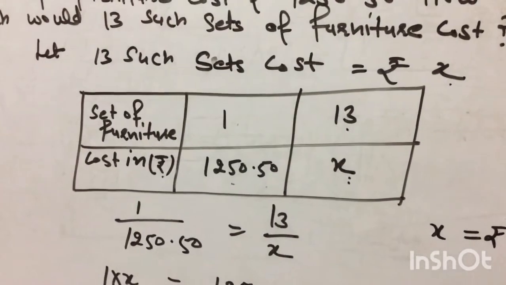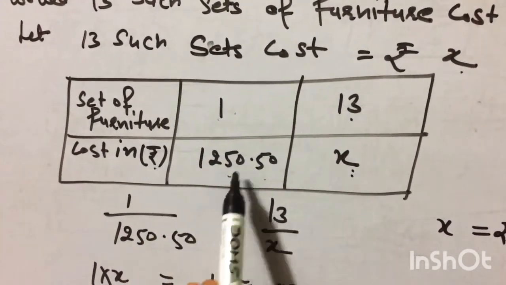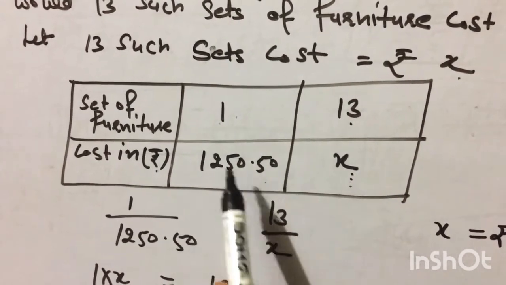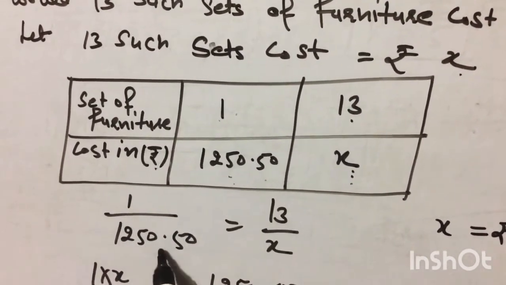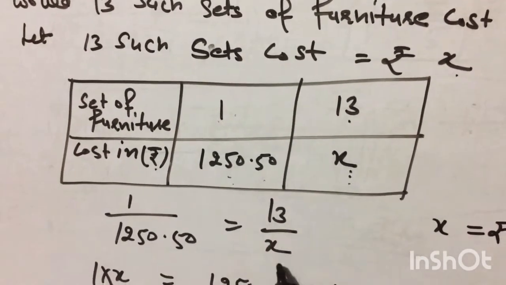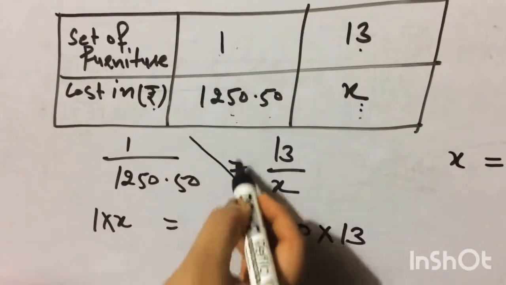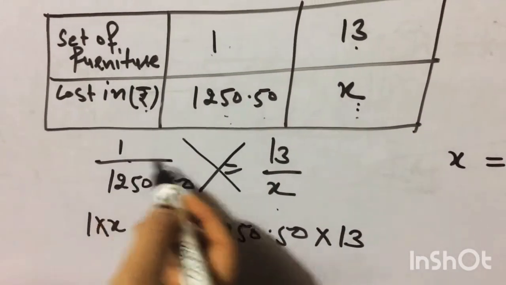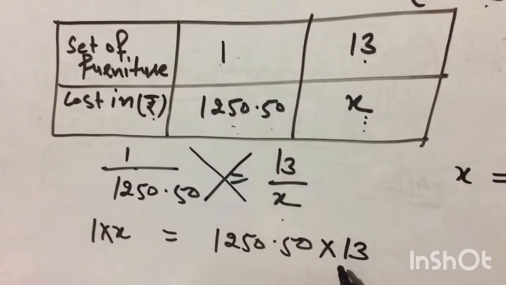Now in direct variation we have to solve like this: this term upon this term equals this term upon this term. 1 by 1250.50 equals 13 by X. Now we have to solve it. You know how we can solve? By the cross multiply method. 1 into X equals 1250.50 into 13.